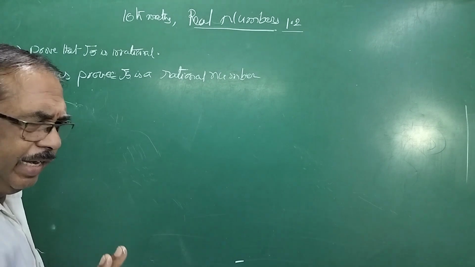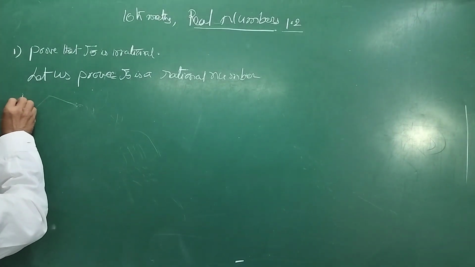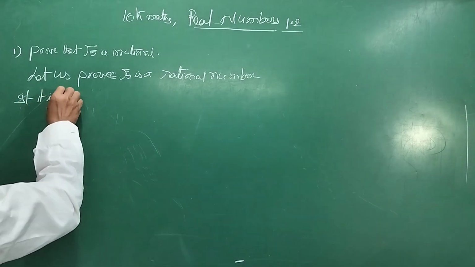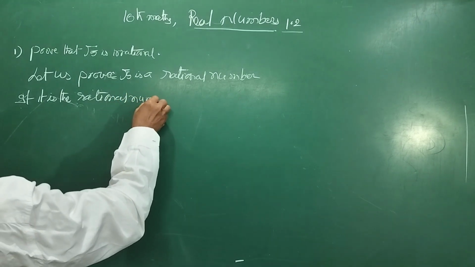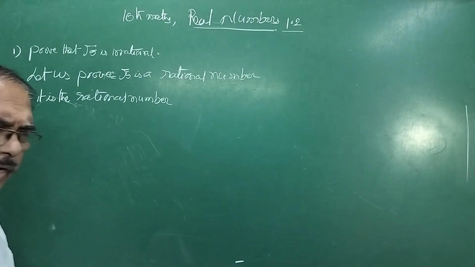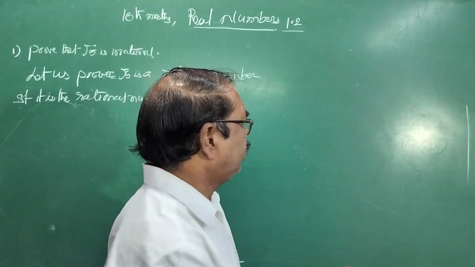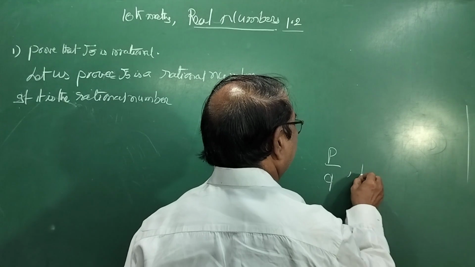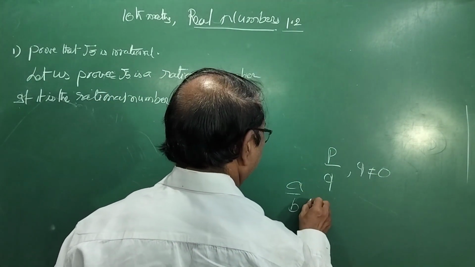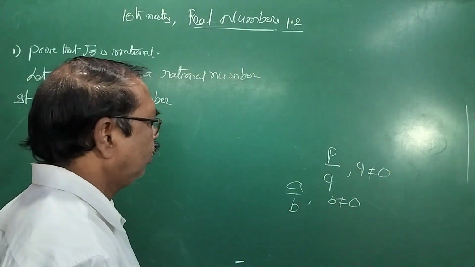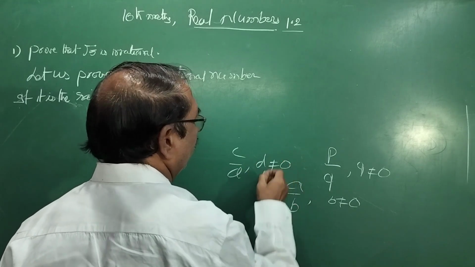If it is a rational number, we know all rational numbers are in the form p by q, where q does not equal 0. p by q means whatever it may be, a by b, b does not equal 0, or c by d, where d does not equal 0, isn't it?